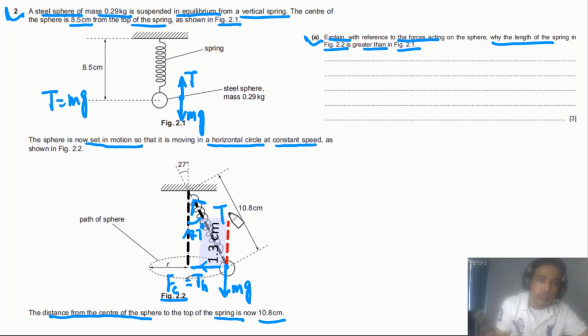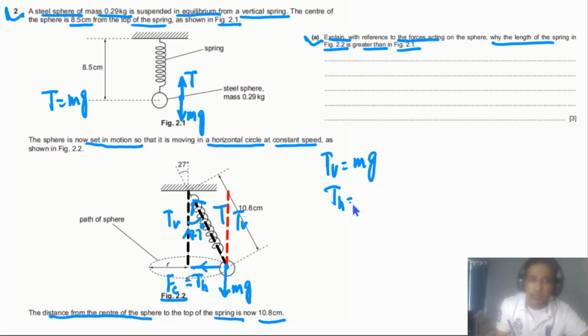This is the vertical component of tension, TV. I just draw it here so you can see how the forces are balanced. So along the vertical, T vertical is equal to mg, and T horizontal in this case is equal to the centripetal force.